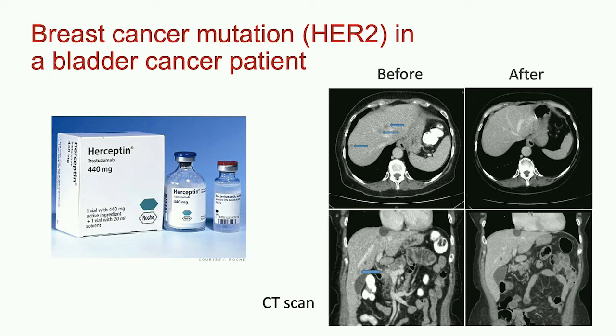What's really interesting about the mutation that's driving the cancer in this patient is that this mutation is not often found in bladder cancer. It's actually commonly found in breast cancer. In breast cancer, the drug on the left side is really what's used. So in this patient, because we were running out of options, and chemotherapy wasn't working anymore, we treated the bladder cancer patient with a breast cancer drug.